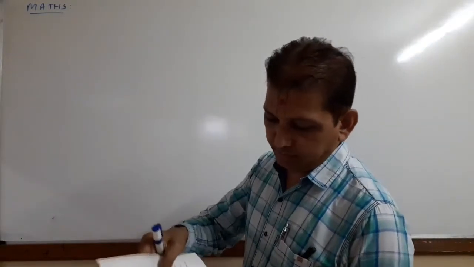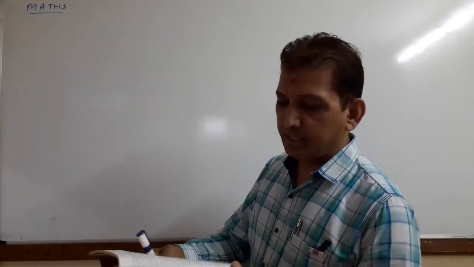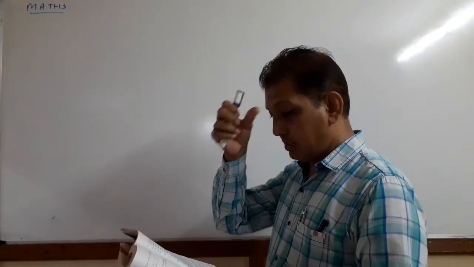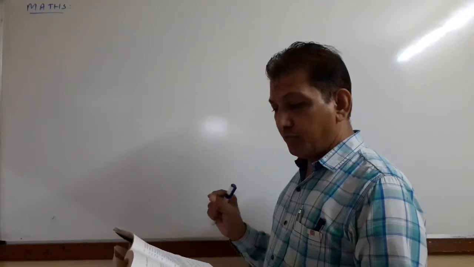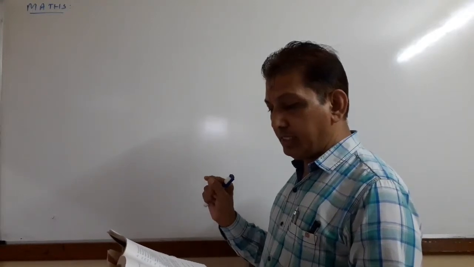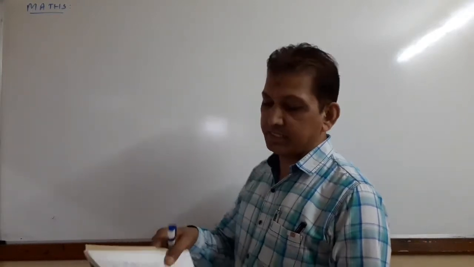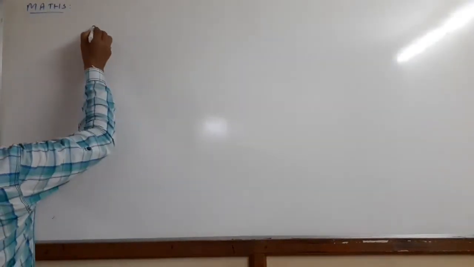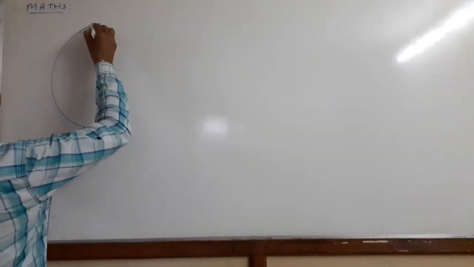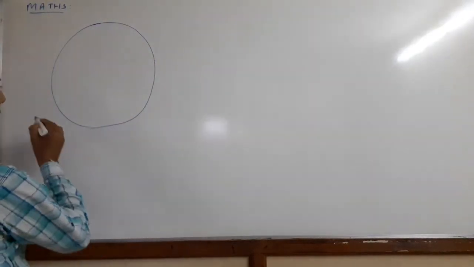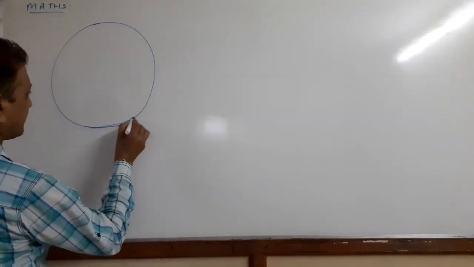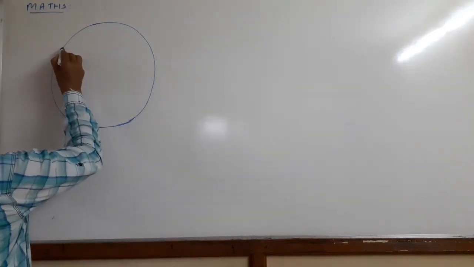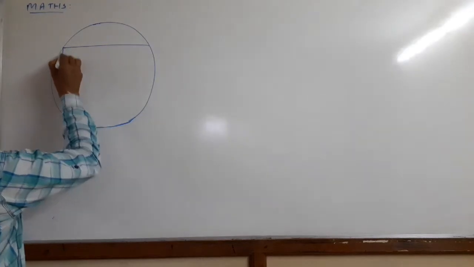Question number 19. Show that of all the rectangles inscribed in a given fixed circle... First we draw the circle. Then we draw the rectangle.